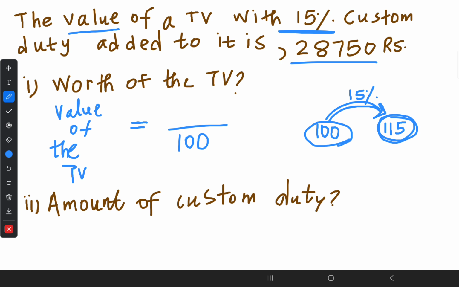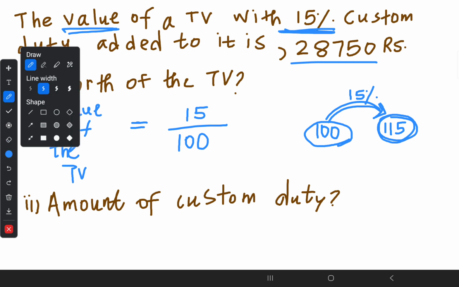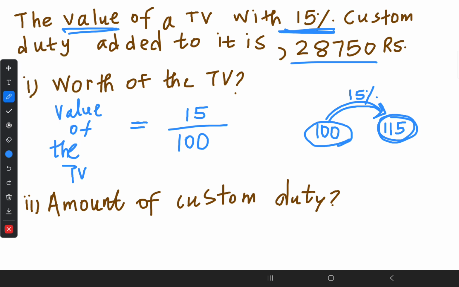Now that's how the question is asked. The value of the TV with 15 percentage of custom duty added, because the worth of the TV and custom duty both together is 28,750. So for 100 you need to write here 115. Why are we writing 115 here? If I asked only custom duty, you can write it as 15 percentage. Okay, you can write custom duty equals 15 over 100 times 28,750.